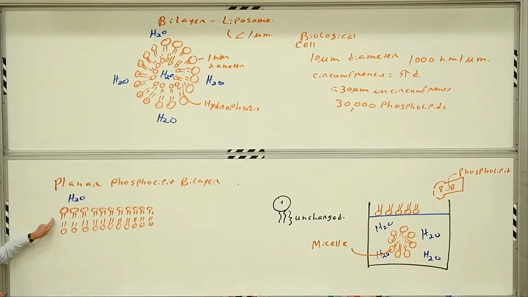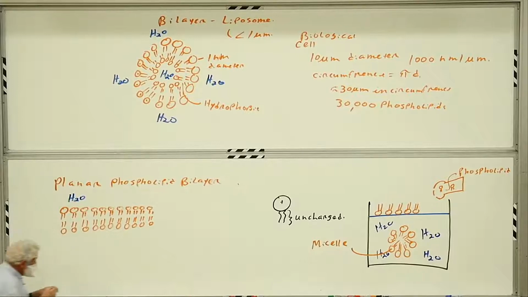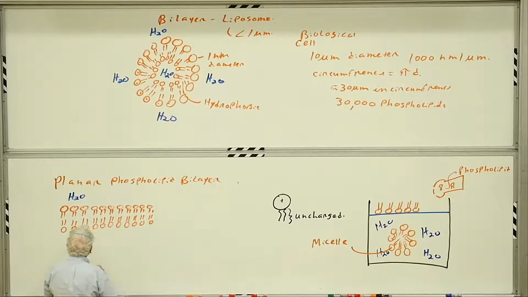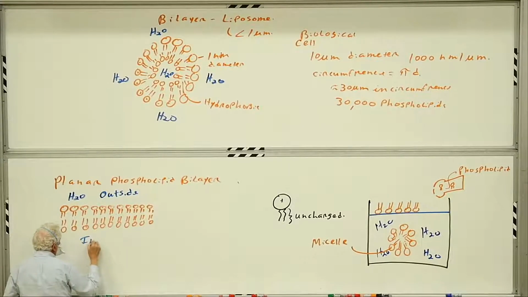And now we have functionally made a phospholipid bilayer, and we can effectively make this into a cell. And we can say that on this side of the cell we have the outside, and on this side we have the inside.